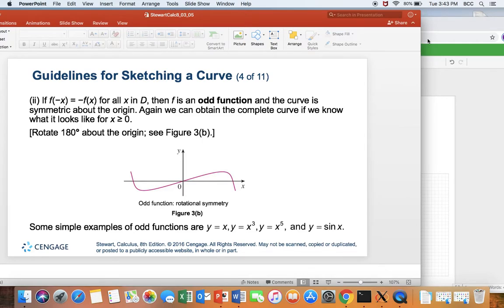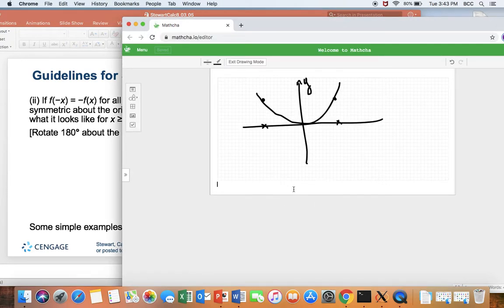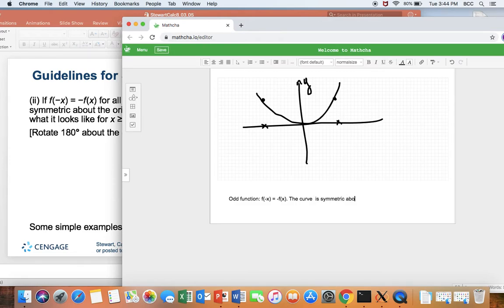So, in other words, I'm looking at an odd function. When I change the sign of x, the negative comes out. Here, the curve is symmetric about the origin. What does that mean? For example, f(x) equals x to the power 3.